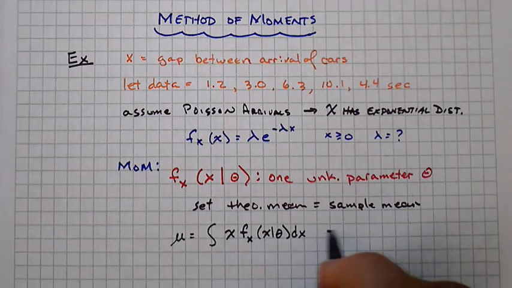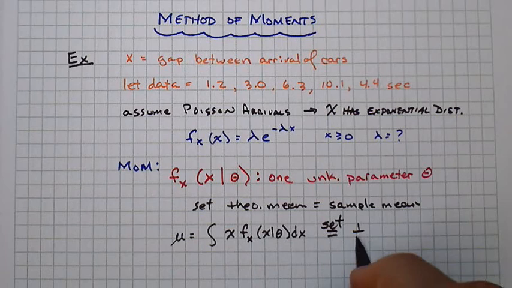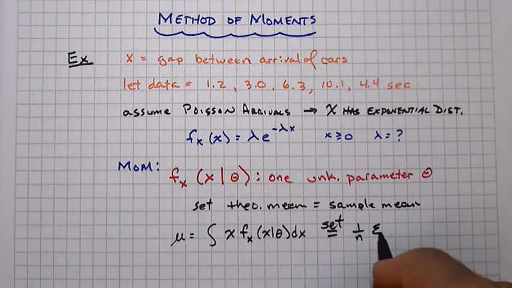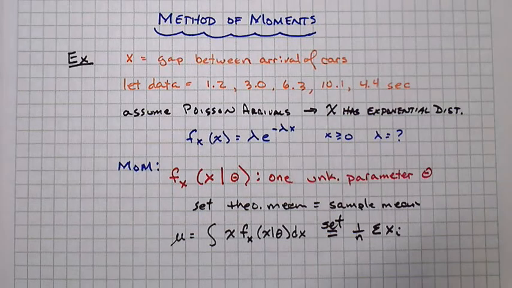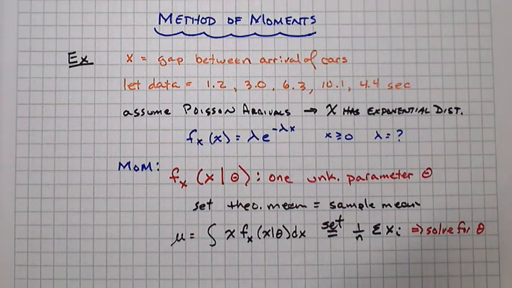We're going to set that equal to 1 over n times the summation of the x values. What we get out of this is a function of theta, and that's our whole goal: solve for theta. Theta is our general term here. What we're actually going to get in this specific case is lambda.